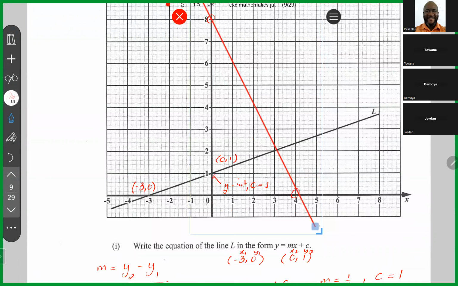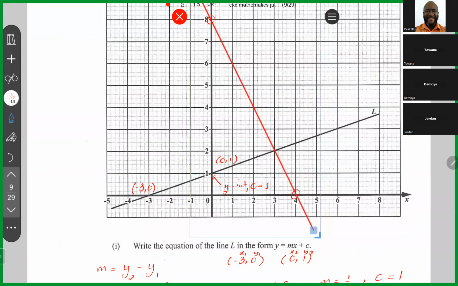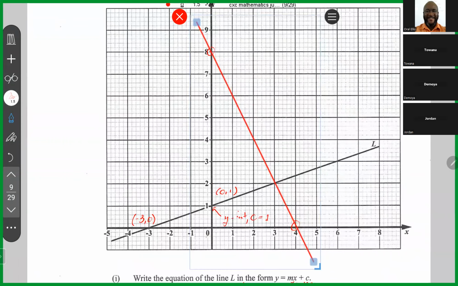Straight line passes through the y-intercept. All right, so this is the line Q.